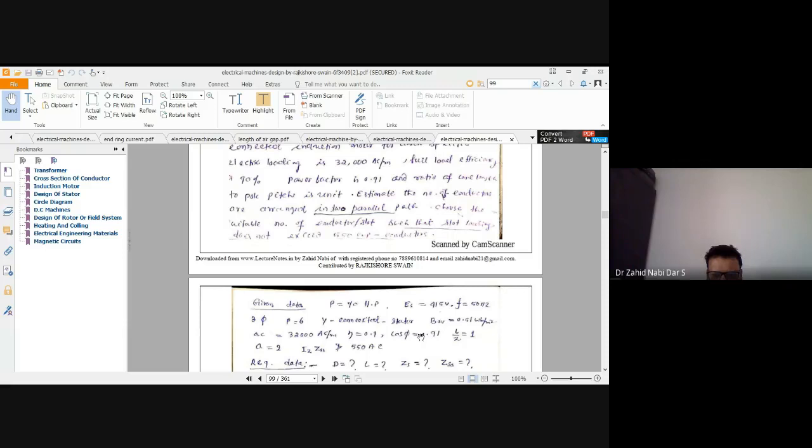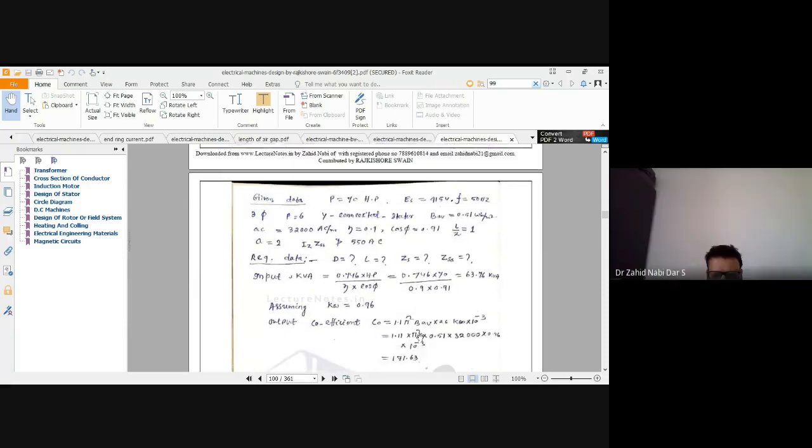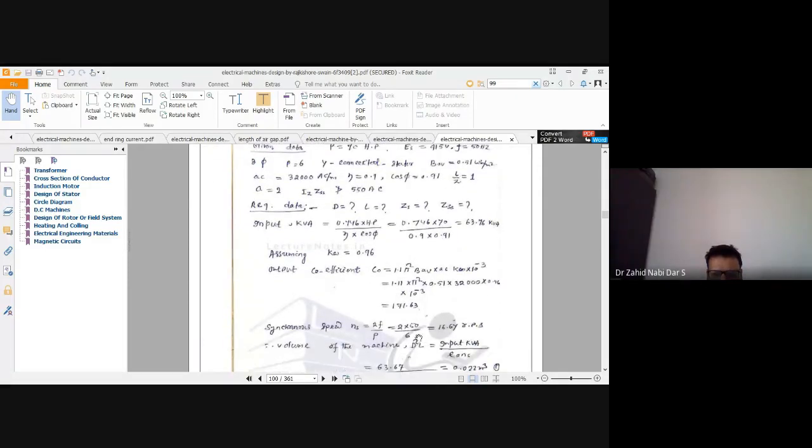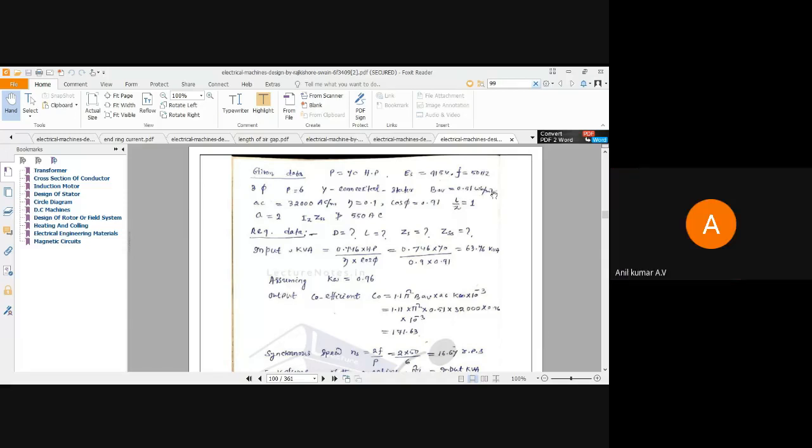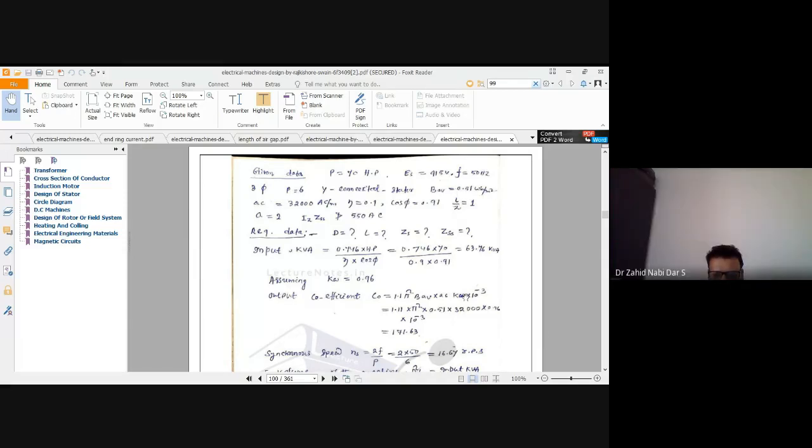So BAV we have to calculate. How can we calculate BAV? BAV is given, 0.51 Weber per meter square. So we can substitute these values, BAV and ampere conductor.